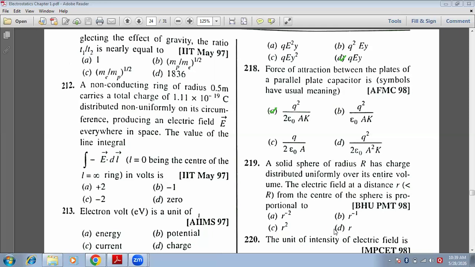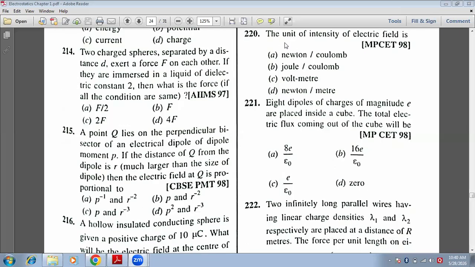Correct answer, option D, r. The unit of intensity of electric field is: option A Newton per Coulomb, option B Joule per Coulomb, option C volt meter, option D Newton per meter. Correct answer, option A, Newton per Coulomb.